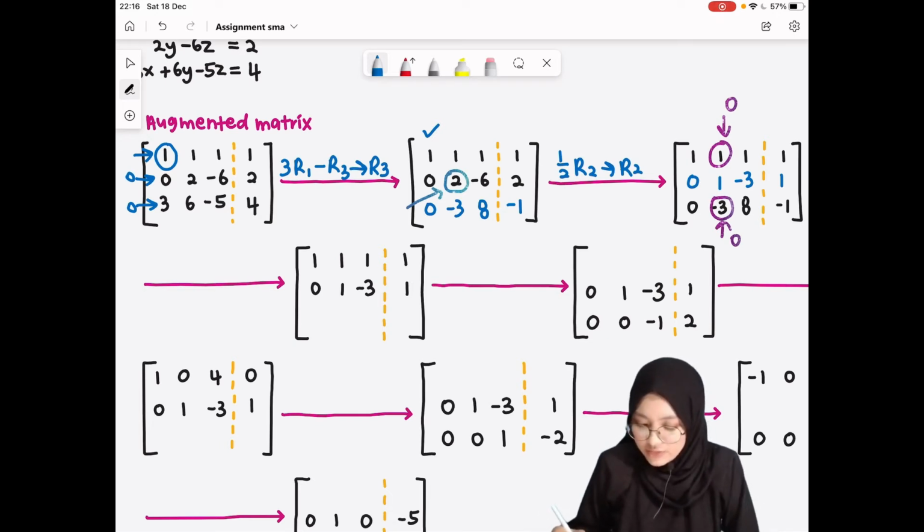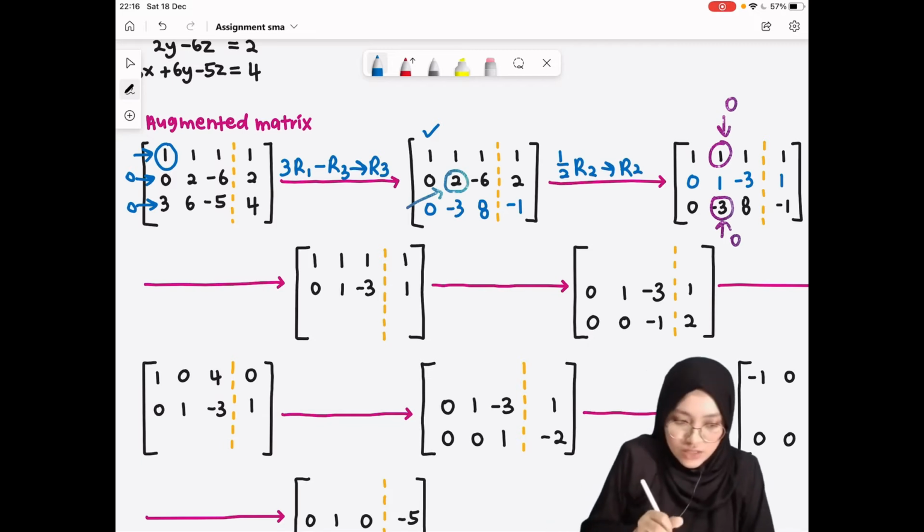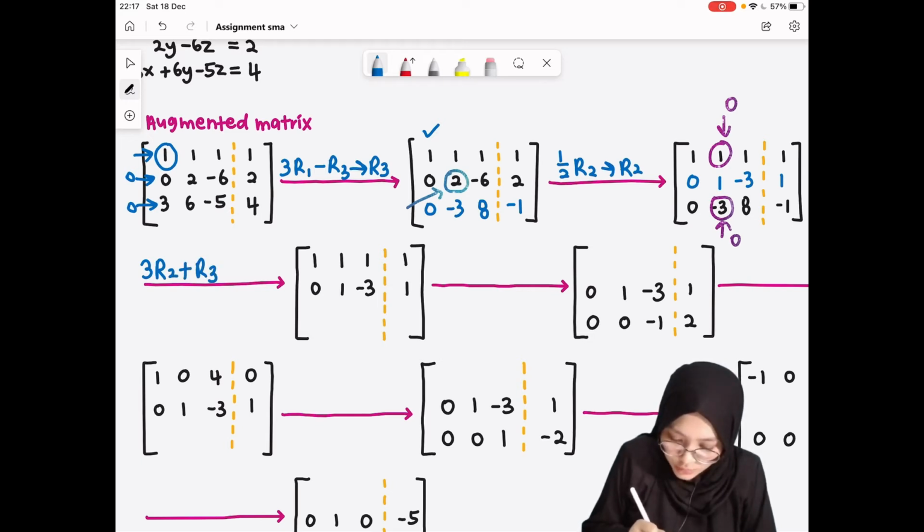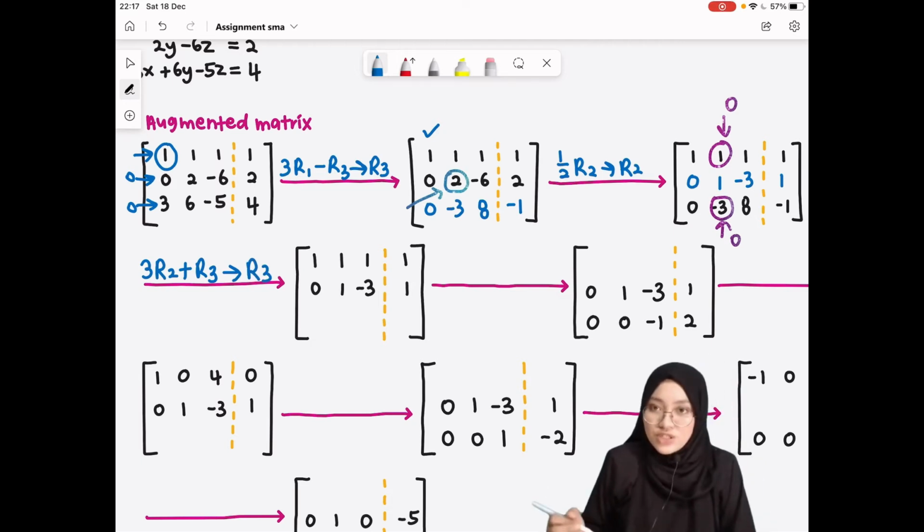This -3, how can we make it 0? We need to do some multiply and addition operation. So to get this to become 0, 3 times row 2 plus row 3, and we write it down in row 3 since we make a change in row 3.